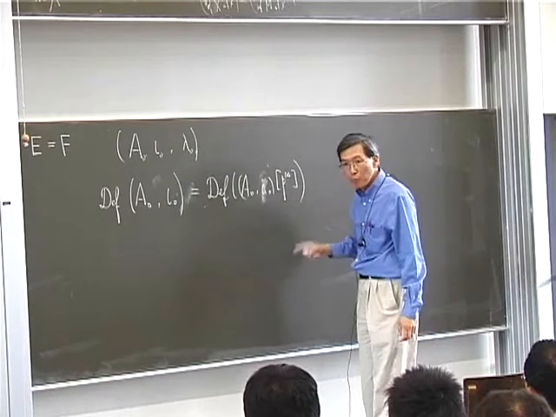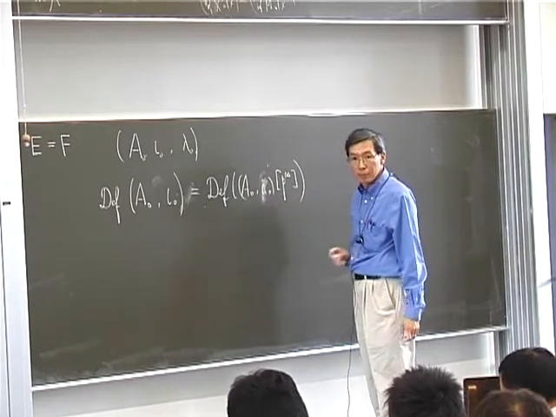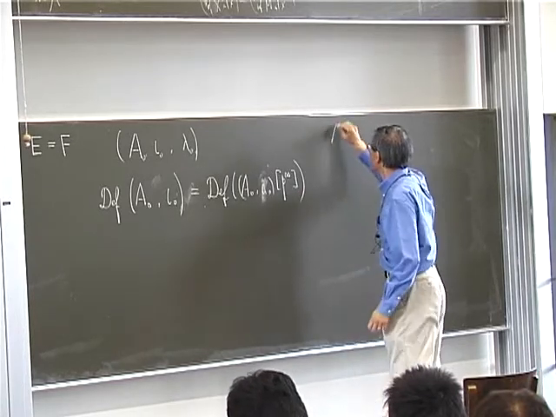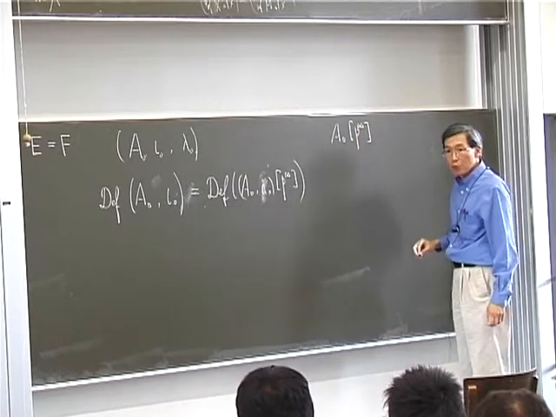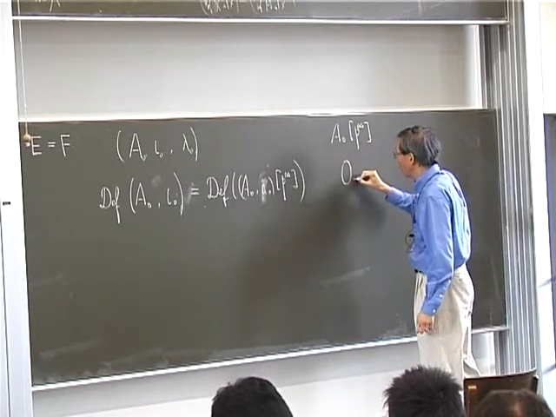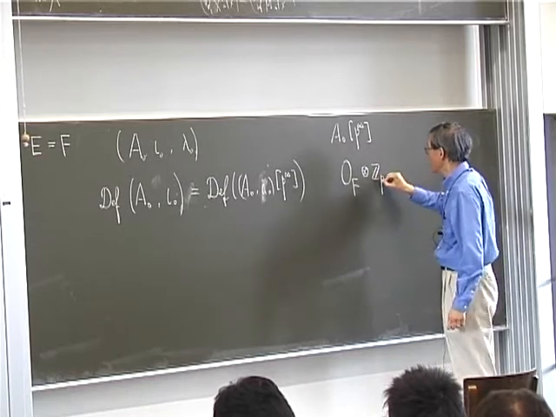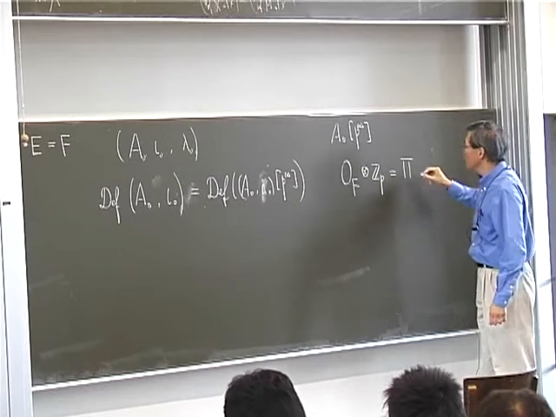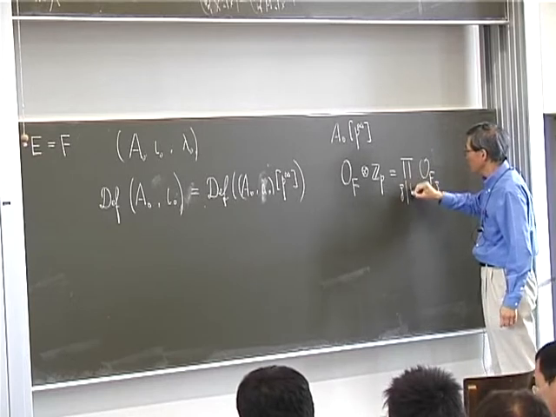Now the point is that the Barsotti-Tate group decomposes into a direct product. Why? Because now I have O_F, and if I tensor it with Z_p, we know that it decomposes into the product of the O_{F_P}, for P dividing p.